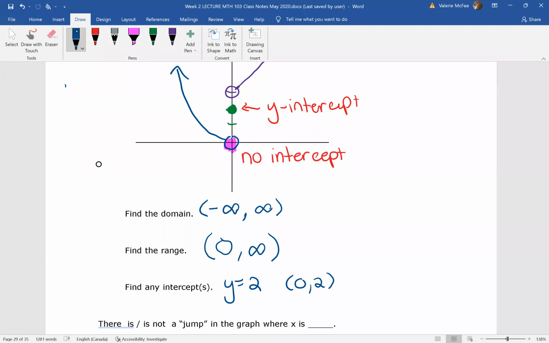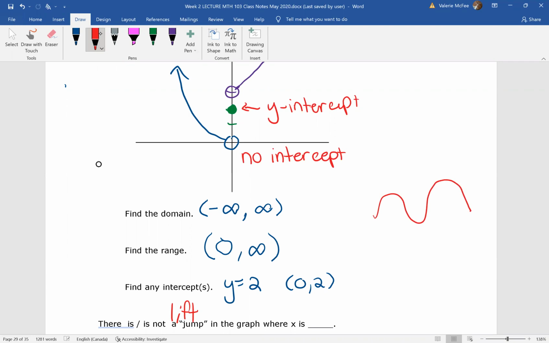We should also talk about these jumps. Is there a jump in the graph? There is. A jump is when you lift your pencil. When I'm graphing this, it's not like a polynomial function, where the graph is smooth and you never lift your pencil.